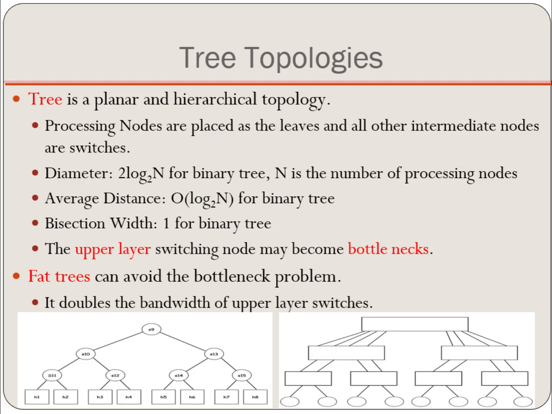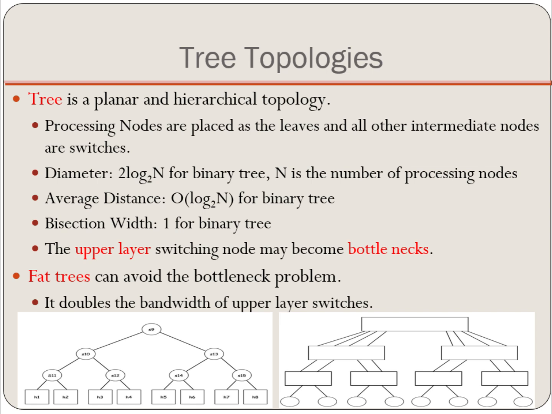And for a binary tree architecture, the longest path for this kind of message passing mechanism will be 2 times the height of the tree. And the height of the tree usually is on the order of log n, where n is the number of leaf nodes. So you can see that this distance will be on the order of log n also. So from the point of view of average distance, it's good. And the diameter is also on the order of log n.